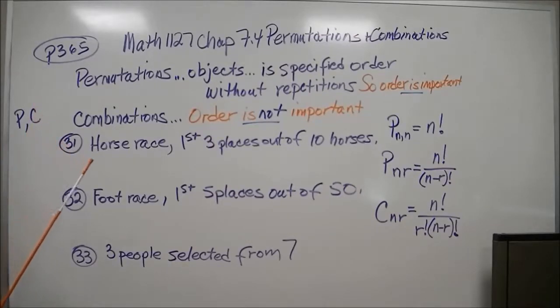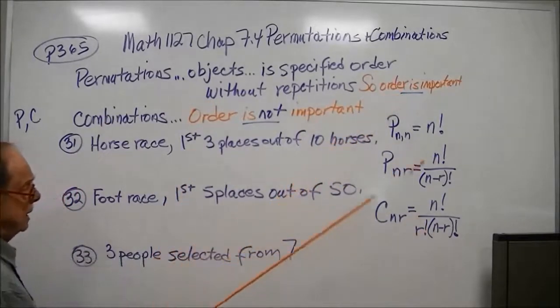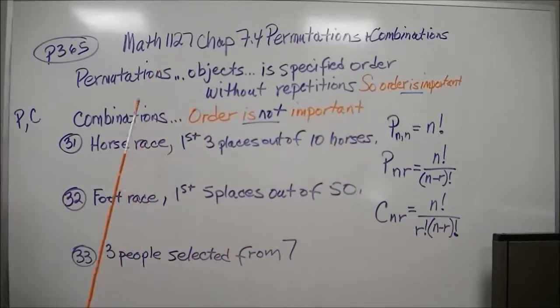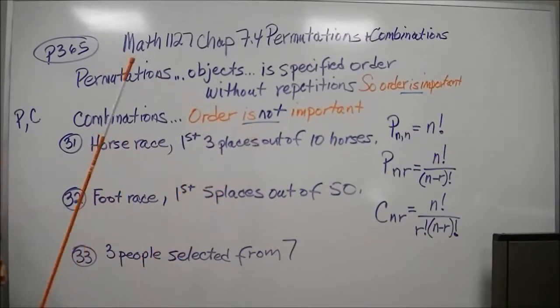Now once again, we said in a permutation, order is important. In a combination, order is not important. So that should be what's on your mind as you go through this.